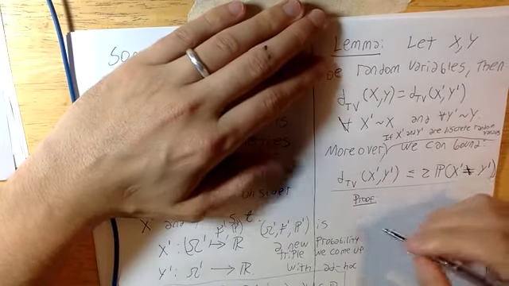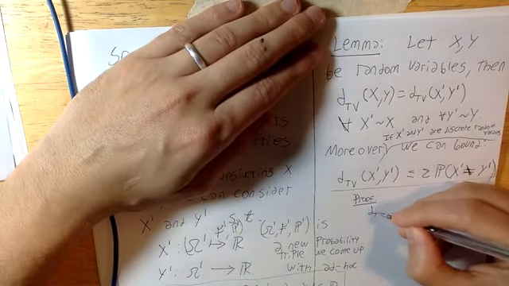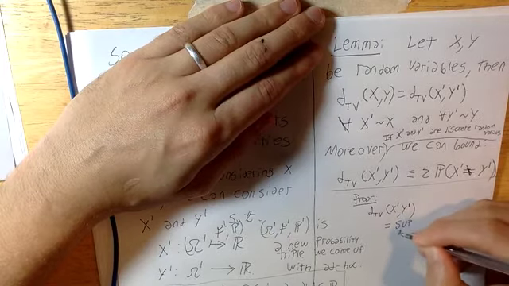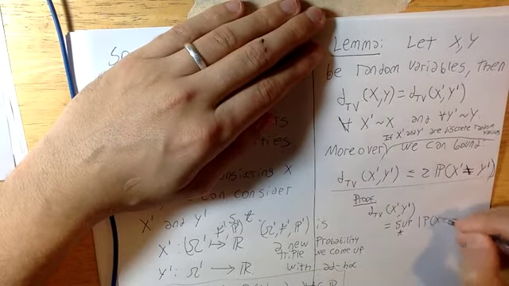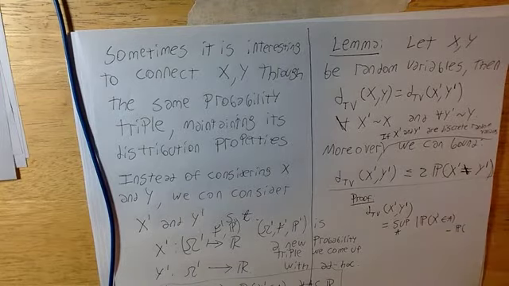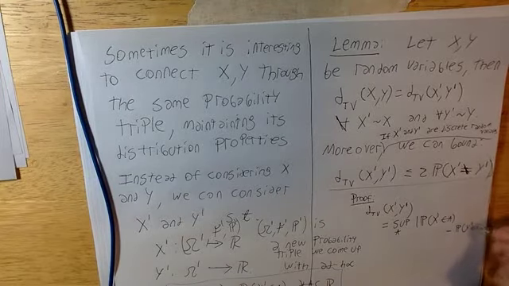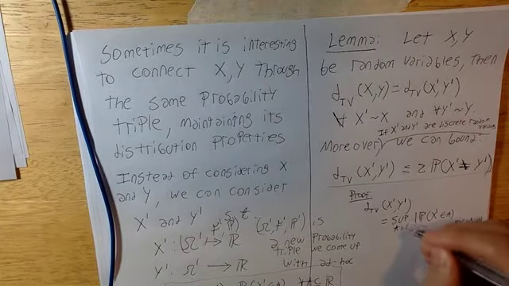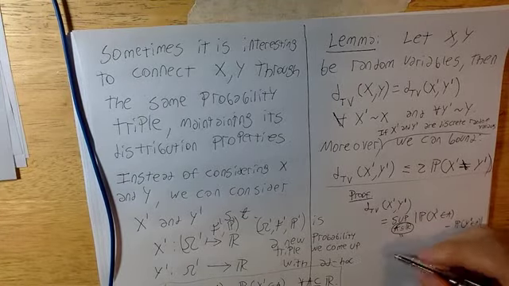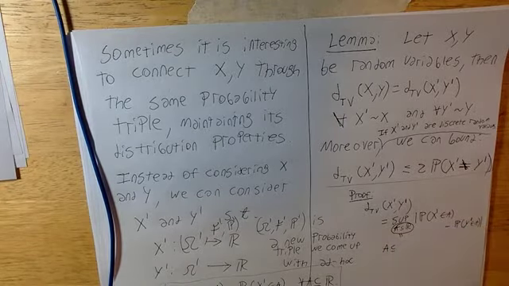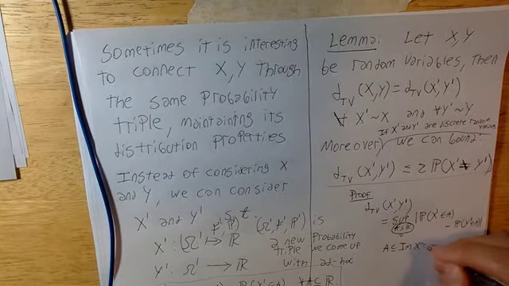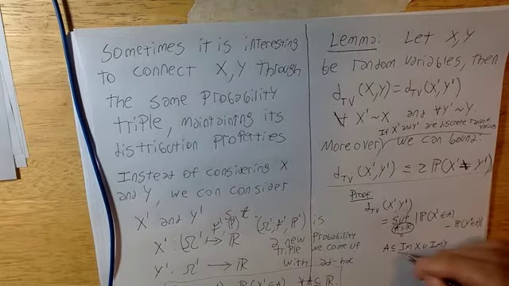Let's start by writing: the total variation distance of X prime, Y prime is the supremum over A of the probability that X prime is in A minus the probability that Y prime is in A. This is for every set A in R, but here we can take A to be every set contained in the image of X union the image of Y, which is a discrete set.